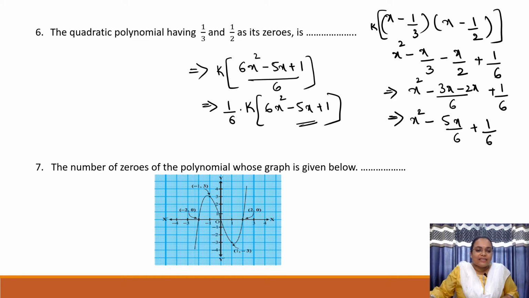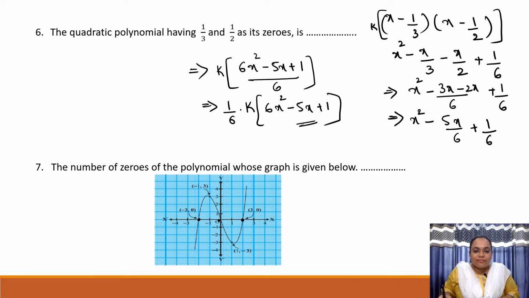So the next one is the number of zeros of the polynomial whose graph is given below. How many zeros does the graph have? The graph is cutting the x-axis at 3 places, right? This is minus 2 comma 0, 0 comma 0 and 2 comma 0.